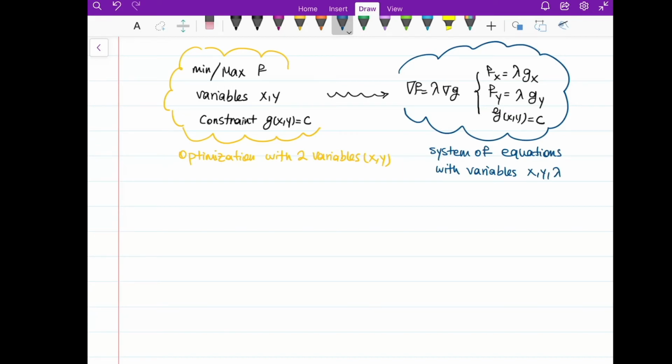So I replace an optimization problem with solving a system of equations.